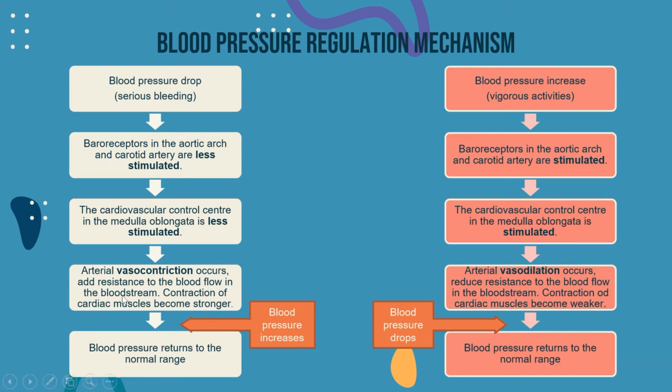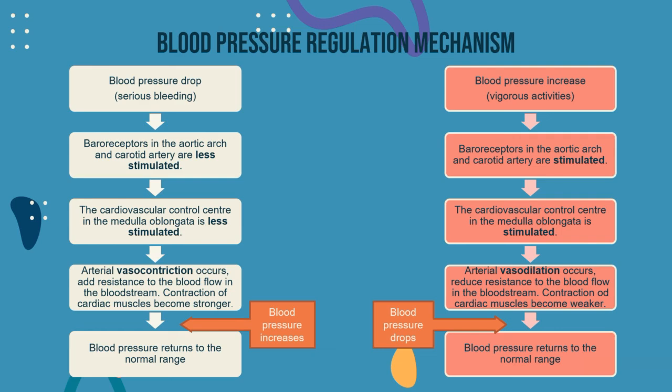It adds resistance to the blood flow in the bloodstream, and it will cause the contraction of the cardiac muscle to become stronger. So it means that the cardiac muscle contracts and relaxes very quickly, and will cause the heartbeat rate to increase.